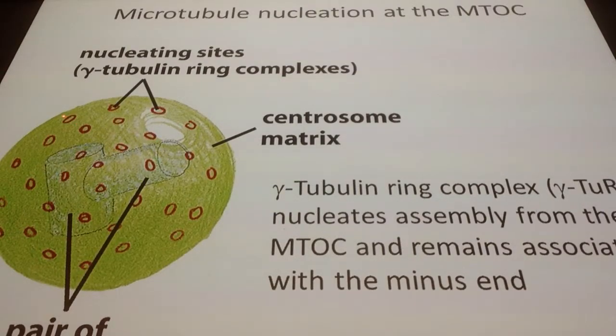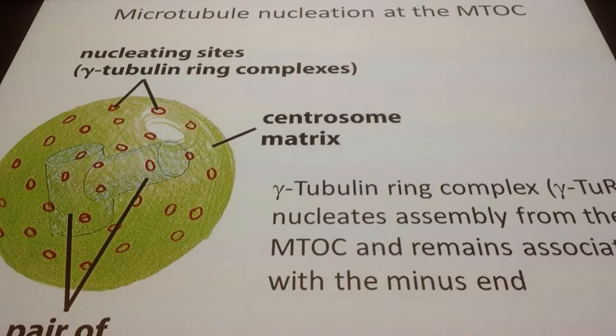And so as many gamma tubulin ring complexes as you see here, that's how many microtubules will radiate out from this centrosome. And if you have, let's say, a basal body, then you would have all of the gamma tubulin ring complexes lining up on one side, pushing out so that you can have a cilium or a flagellum or an axon or a dendrite.